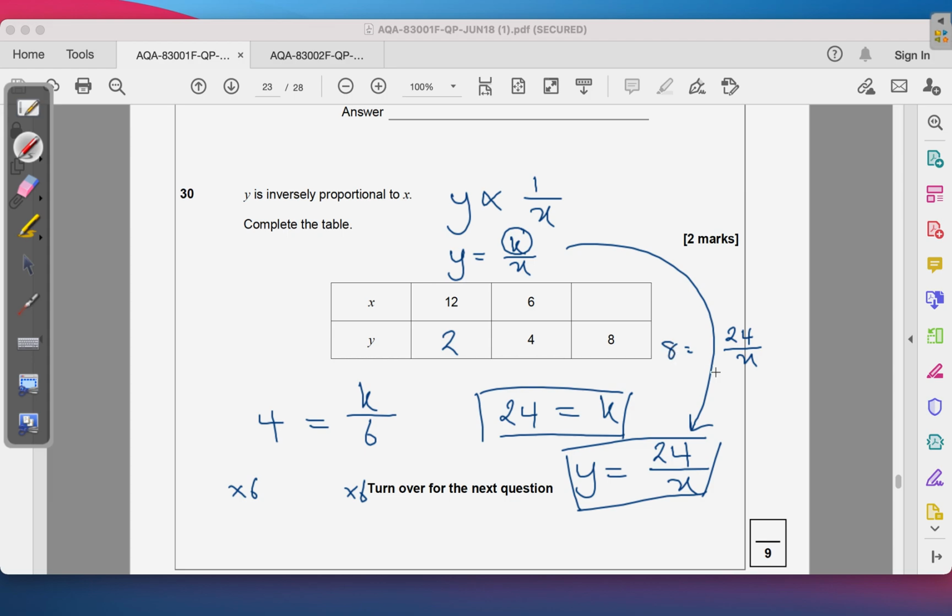So what number do we need to divide 24 by to get 8? So some number times by 8 is 24. Okay, so the way we do that is we say, well, x is equal to 24 divided by 8. Okay, so we bring the x across here, and the 8 on the bottom. 24 divided by 8. What does that give us? It gives us 3.